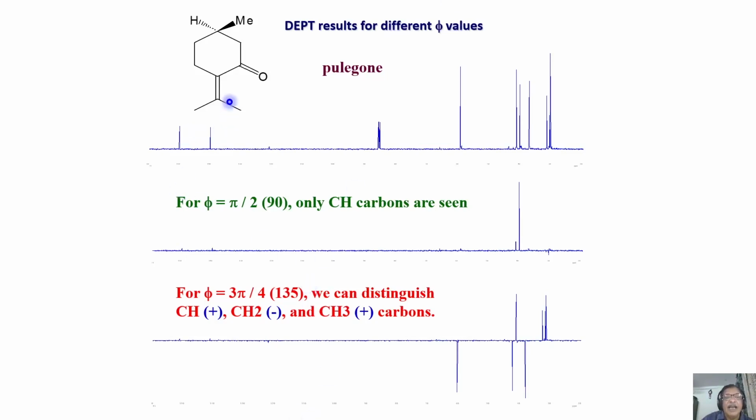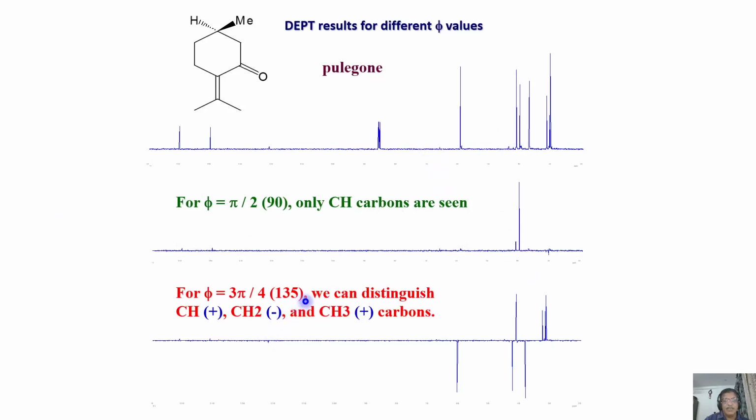Please remember that. A simple example is one molecule called pulegone. This has CH, CH2, CH3 carbons. Look at this. This is the normal spectrum. This is DEPT 90. You see only CH carbons here. All other carbons are efficiently suppressed. Nothing is here.